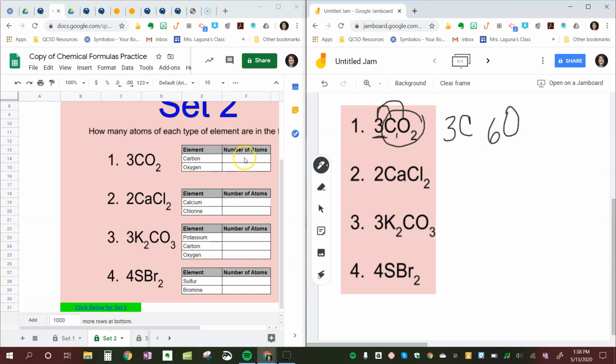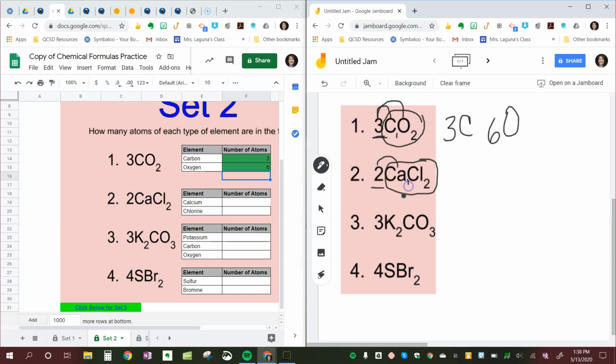So I'm going to come over here and put a 3 for the carbon and a 6 for the oxygen. You see it makes it turn green. Try to think of the next one before we do it. The coefficient is 2, and it's going to multiply the entire molecular formula. So we can do 2 times the calcium.